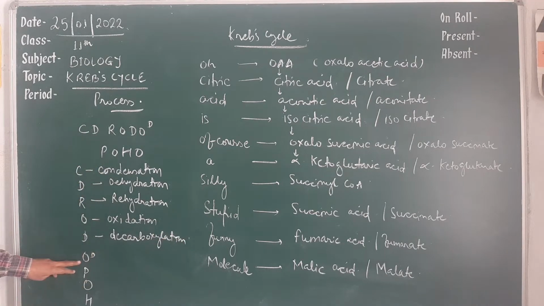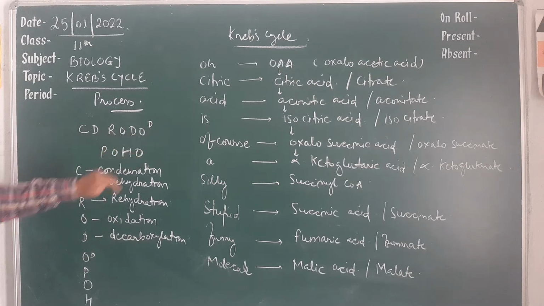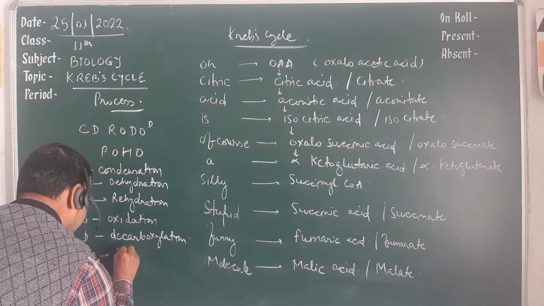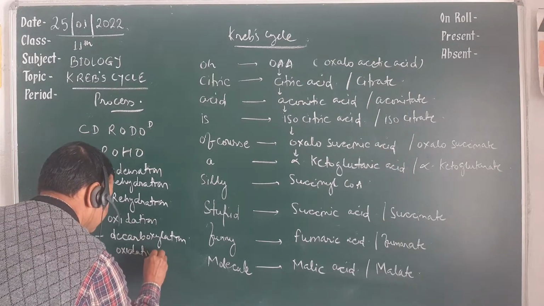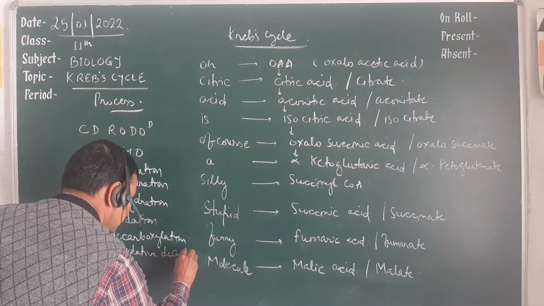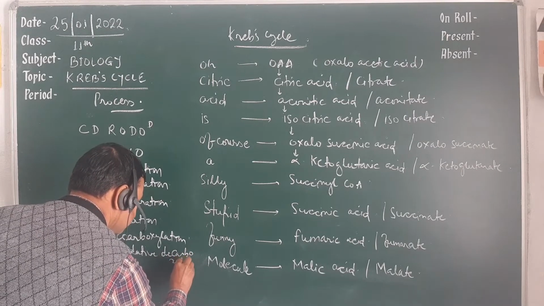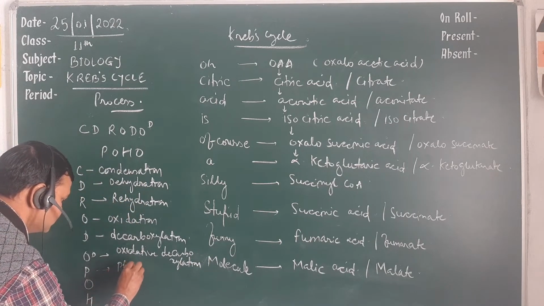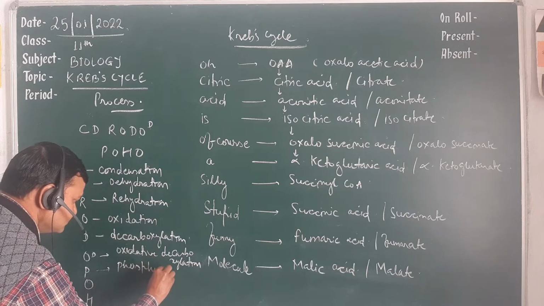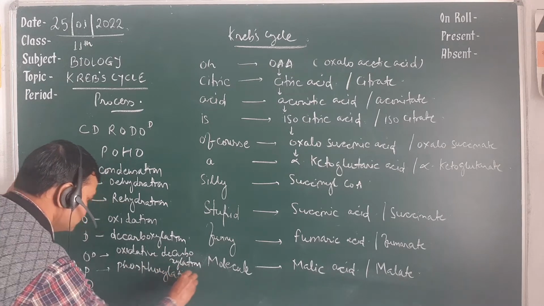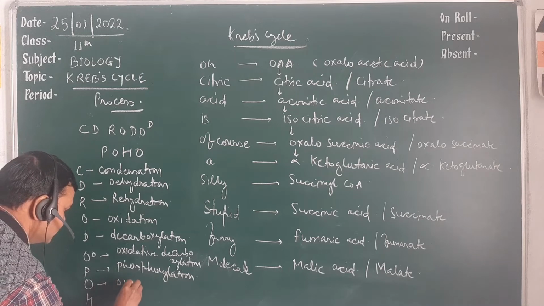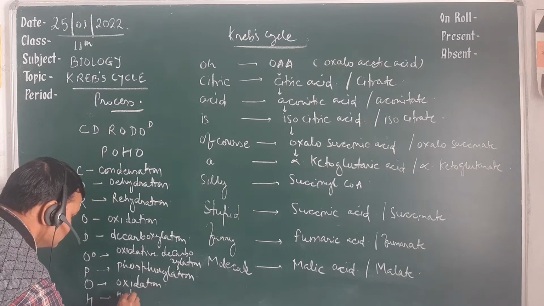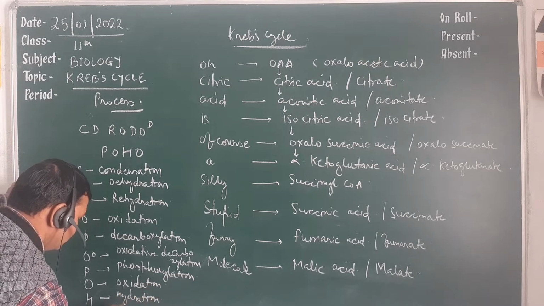Now the next is OD. OD means there are two processes. This is oxidative decarboxylation. P for phosphorylation. O for oxidation. H for hydration. And again O for oxidation.